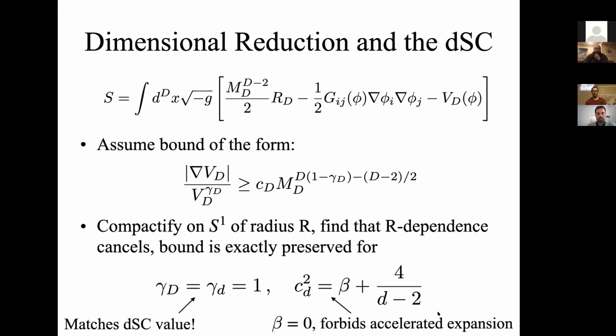And so what I think is nice here is that beta equals 0 is the smallest value such that this remains non-negative for all d. And it also coincides with this physical principle of no accelerated expansion. So to me, that's a connection that's at least worth noting and pointing out. And it suggests that if any of these values of beta is the right value, it's probably beta equals 0.